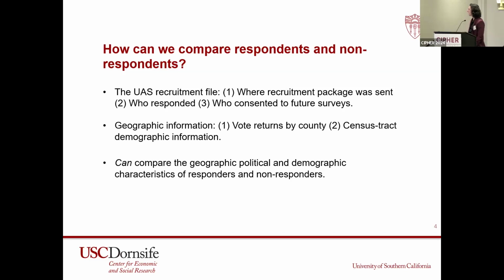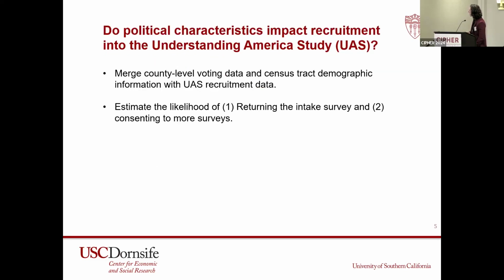And so we have all the geographic information associated with that recruitment file. So we can merge into that file vote returns by county, as well as census tract demographic information. So even though we can't compare individually respondents and non-respondents, we can compare the geographic, political, and demographic characteristics of those that respond and don't respond to our survey.